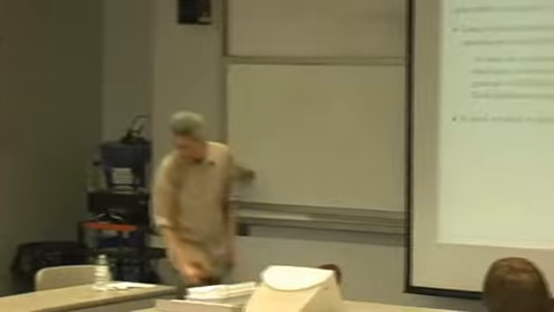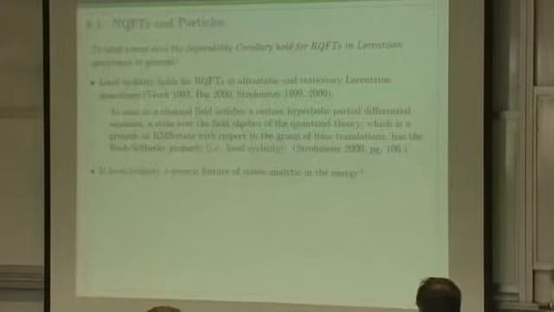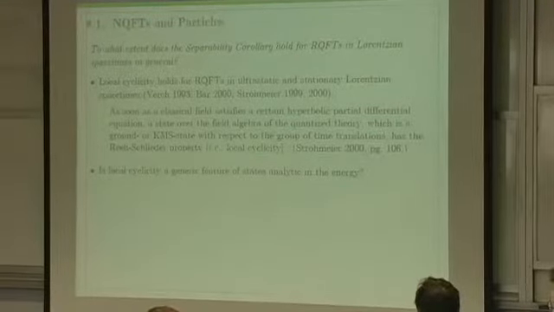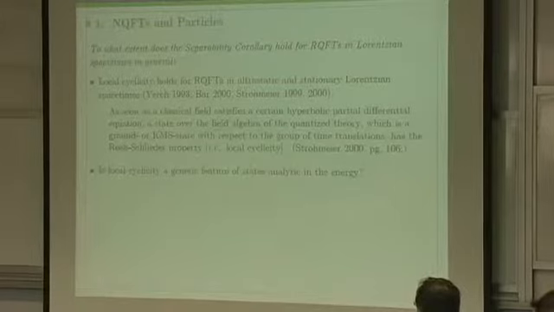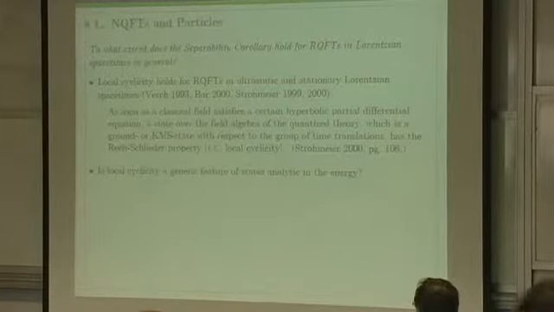Now, note also that in Strohmaier's comment, the reference to being in a ground or KMS state with respect to the group of time translations is a reference to the state being analytic and having positive energy. And such analyticity might be identified as a necessary condition for local cyclicity.